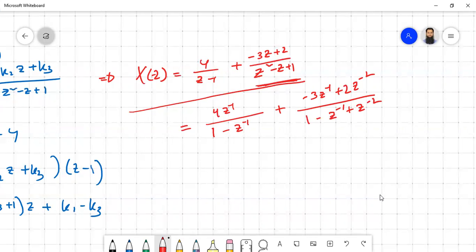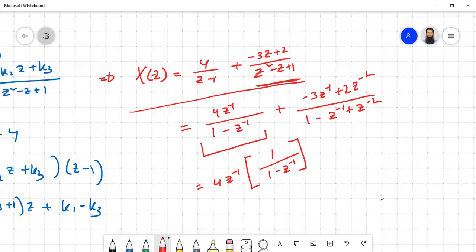The first one is relatively easier: 1 over 1 minus z inverse is nothing but the unit step, so we can easily solve that one, and it is a delayed version because of that z inverse.